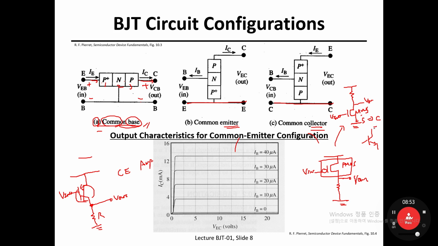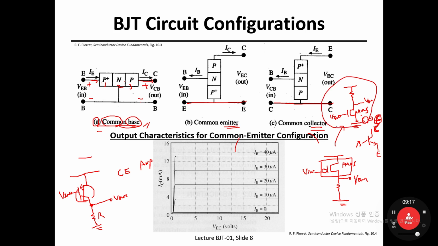So emitter, base, collector, base, emitter. The source side corresponds to the emitter. Sorry about that, emitter. So the common emitter circuit configuration in the version of MOSFET-based circuit is this.